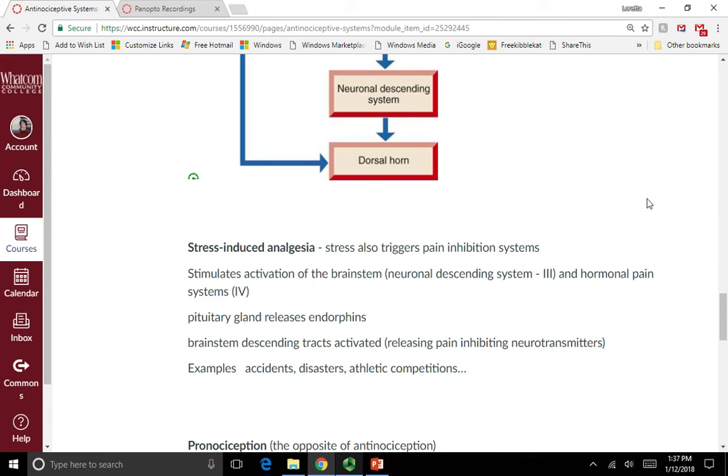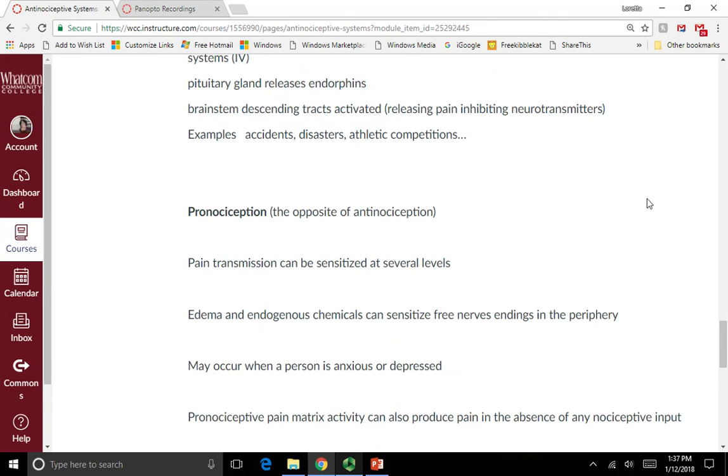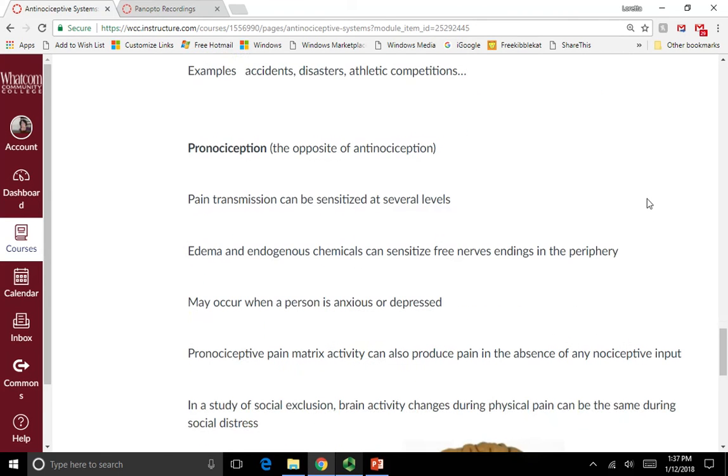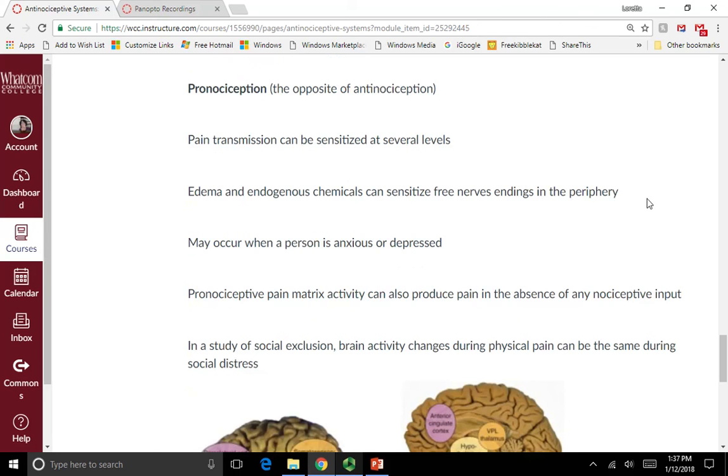The pituitary gland releases endorphins in the hormonal system. The brainstem releases pain-inhibiting neurotransmitters. And so accidents, disasters, athletic competitions, like I talked about earlier, those can all affect the decreasing pain signals.